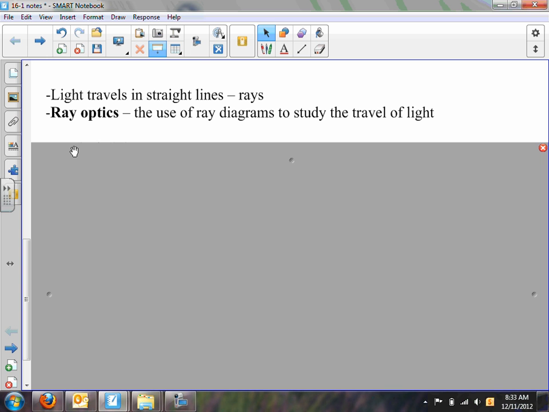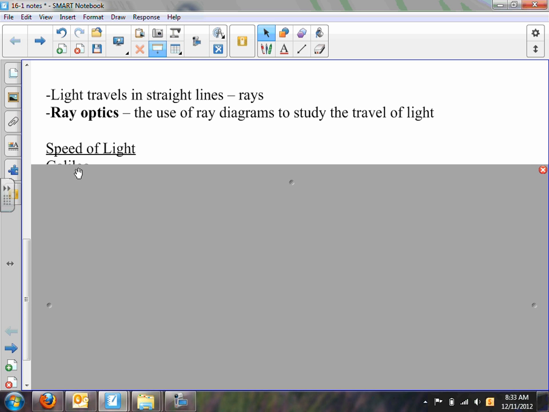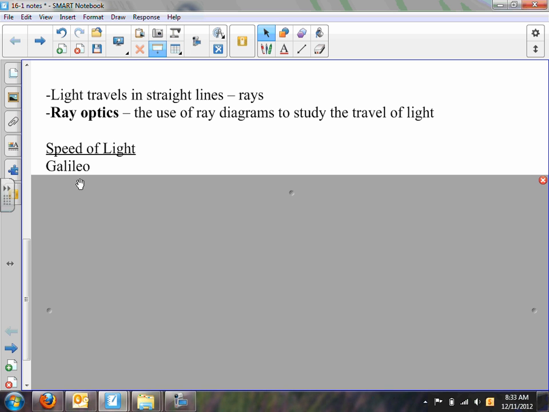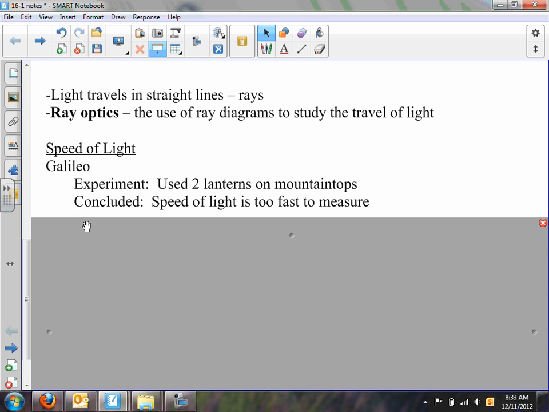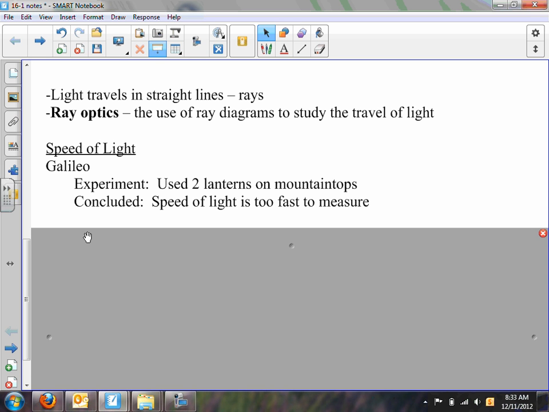Now, all we want to do today is talk about how the speed of light was discovered. The first person that worked with it was Galileo, and his experiment was simply to put two lanterns on mountaintops. You have synchronized watches, so as soon as I open up my lantern, you time how long it takes for you to see it on your mountain.